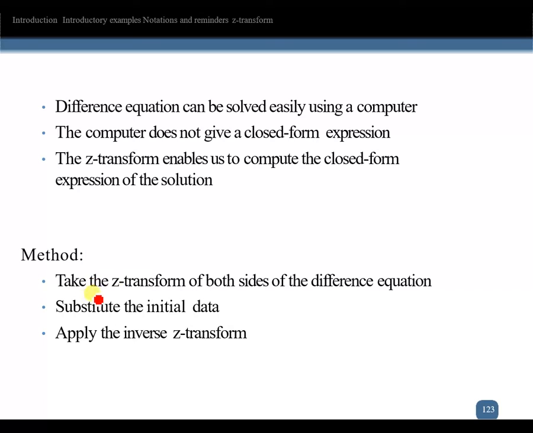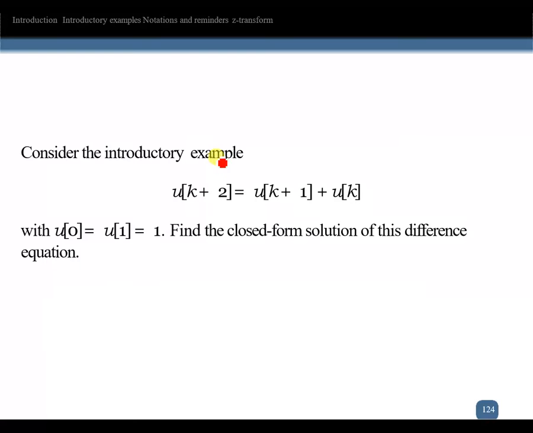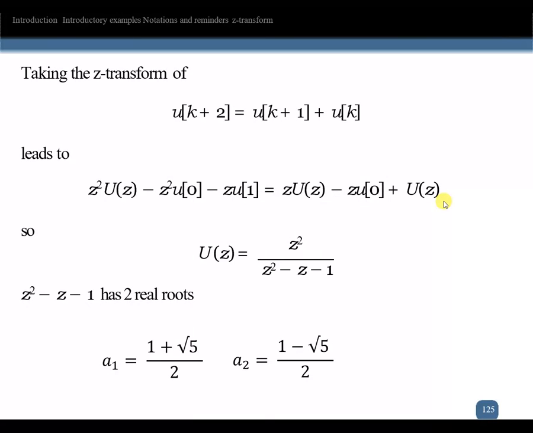The method is to take the z transform of both sides of the difference equation, substitute the initial data, and apply the inverse transform. It is very easy. Consider the example u(k + 2) − u(k + 1) + u(k). This one we solve together with the initial condition here. Find the closed form solution of this difference equation.